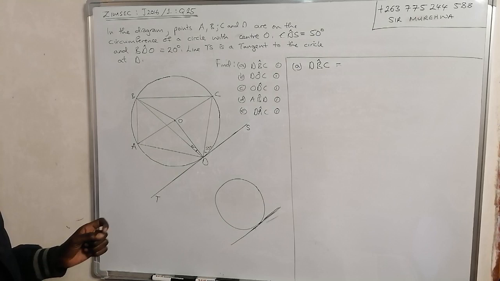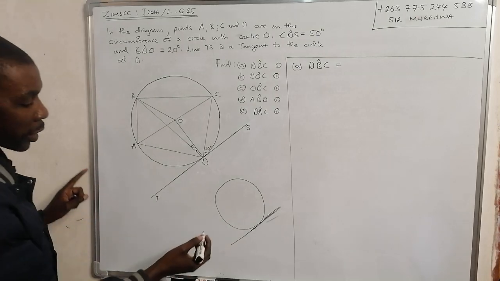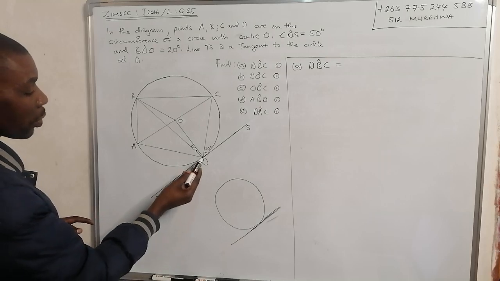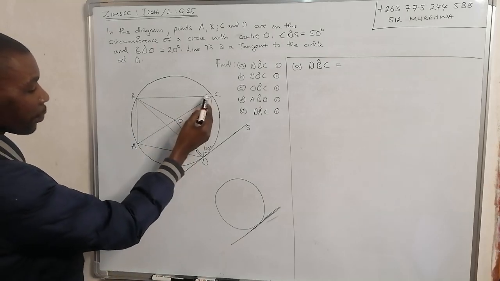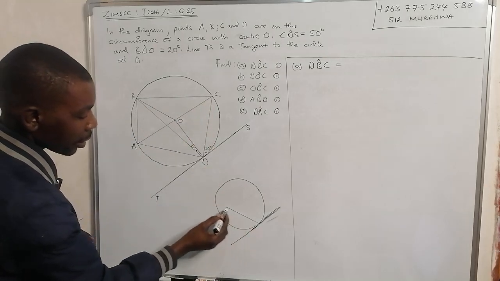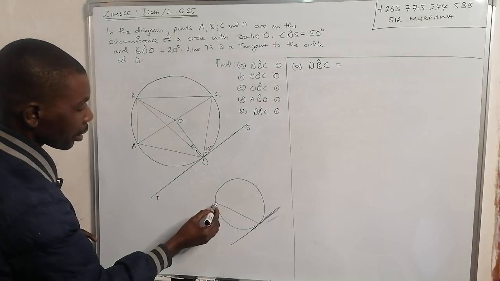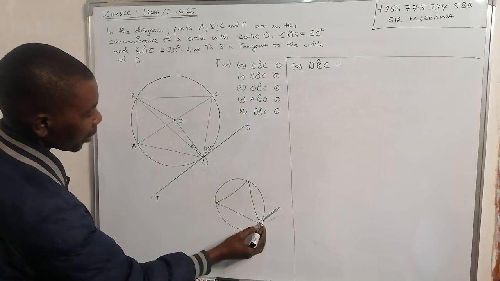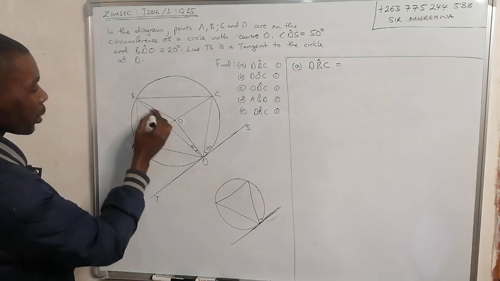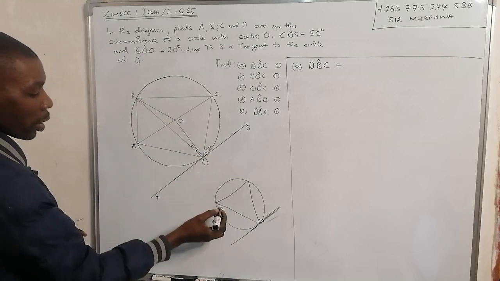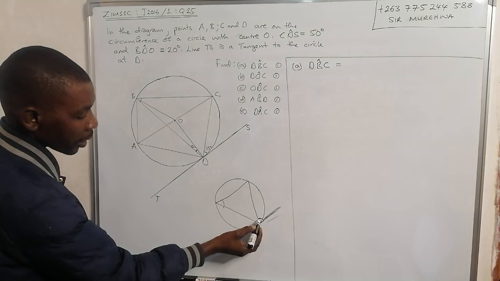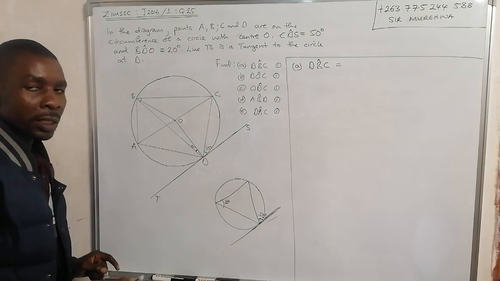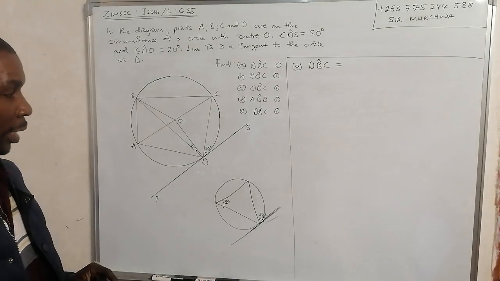Under tangents, we have the theorem which states that angles in the alternate segment are equal. Here we have triangle DBC, and you can see we have 50 degrees here. So this angle is in the alternate segment with this angle, so this will be 50 degrees from properties of tangents.